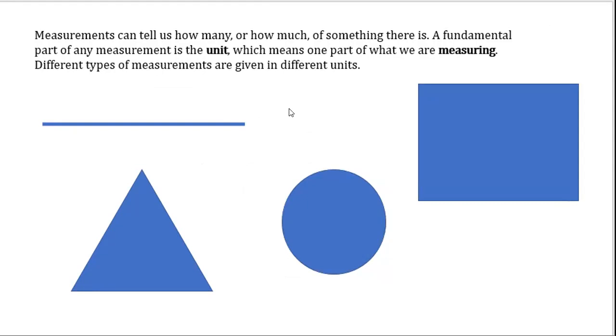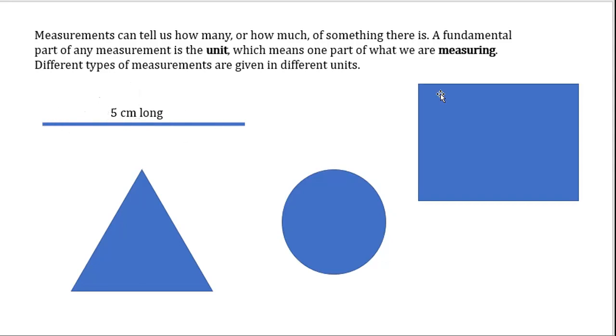So let's look at the line first. Let's say this line is 5 centimeters long. What this does is tell us the length of this line.